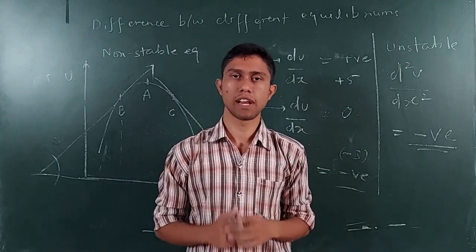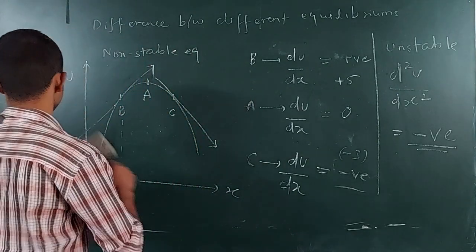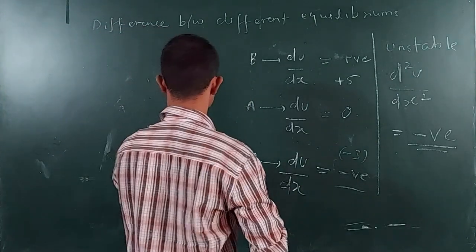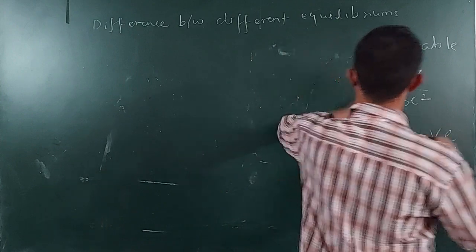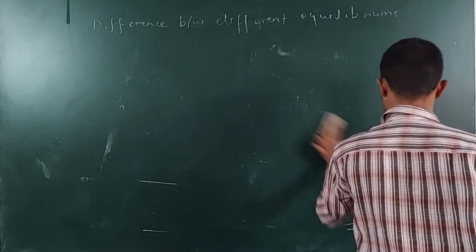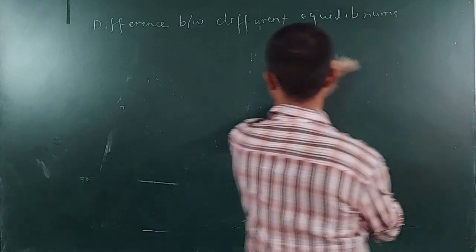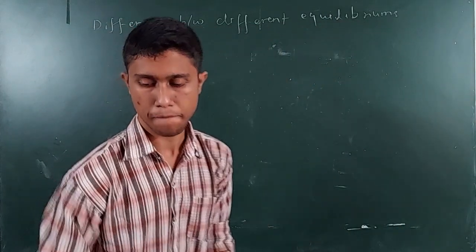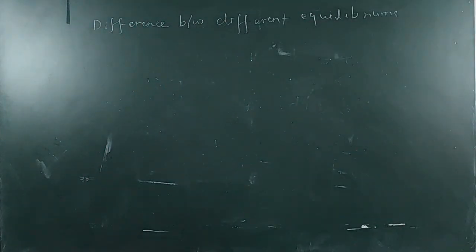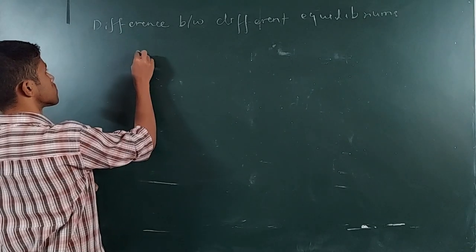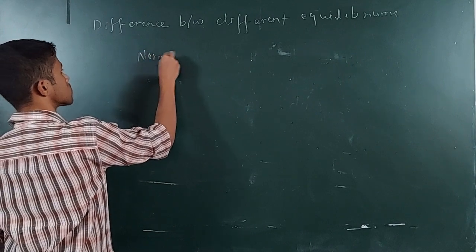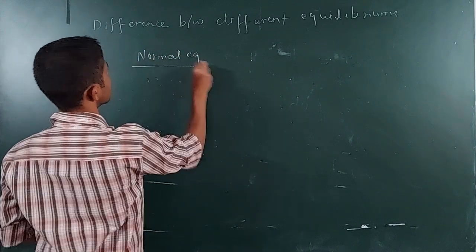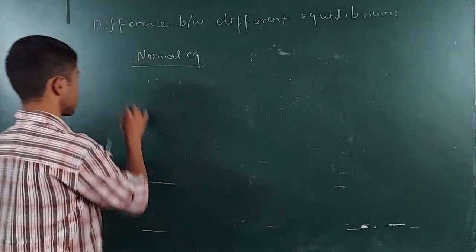Now I go to the normal equilibrium. I'll write the heading, normal equilibrium, and draw the graph.